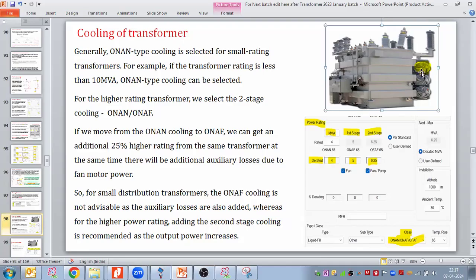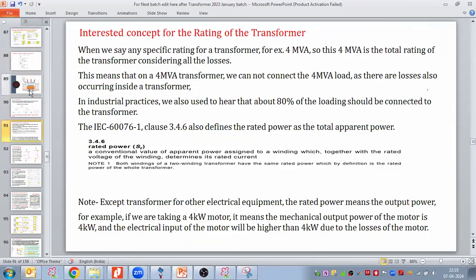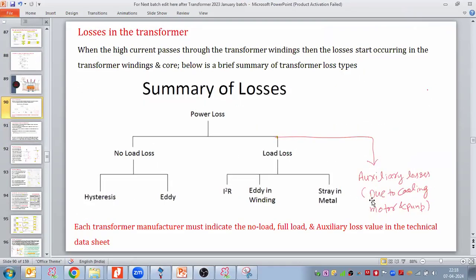This motor power is taken under transformer auxiliary losses, due to the cooling motor and pump, the fan motor and the oil pump. Those losses come under the auxiliary losses of the transformer.